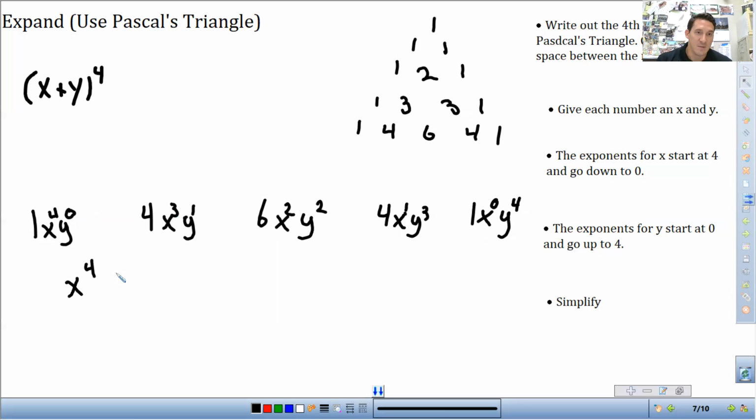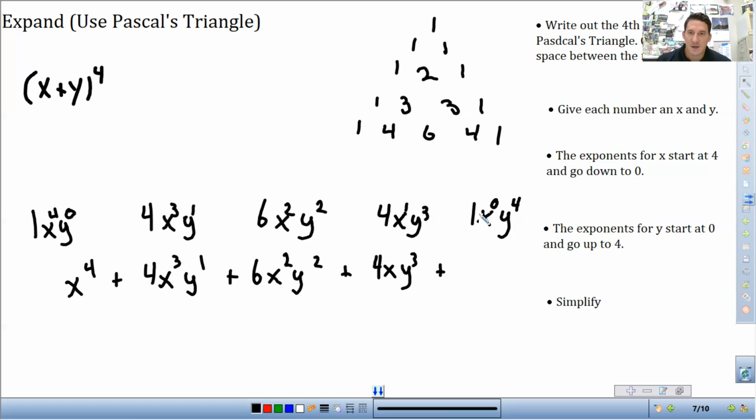And then this is going to be plus 4x cubed y to the first plus 6x squared y squared plus 4x to the first y cubed. So I will need to put the first there. Plus, this is 1. I should actually note that so we're clear. This is 1, this is 1. So 1 times y to the fourth is y to the fourth.